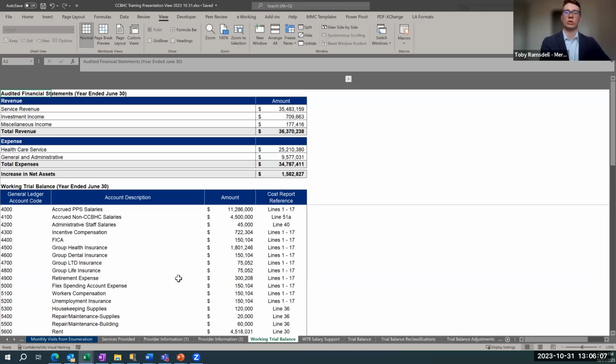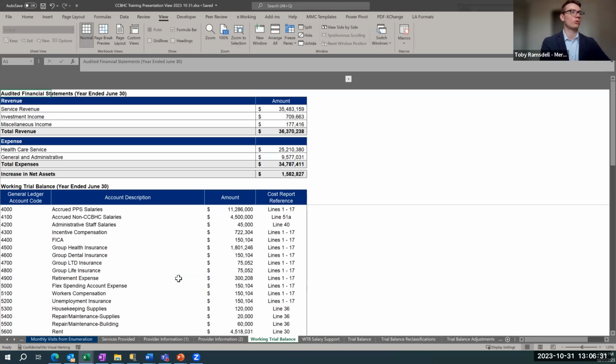The method that I'm showing uses specific lines on the cost report to assign to each working trial balance line. So I know that all PPS salaries will be included in part 1 of the trial balance, part 1A, which is the direct staff salaries. So that'll be lines 1 through 17.